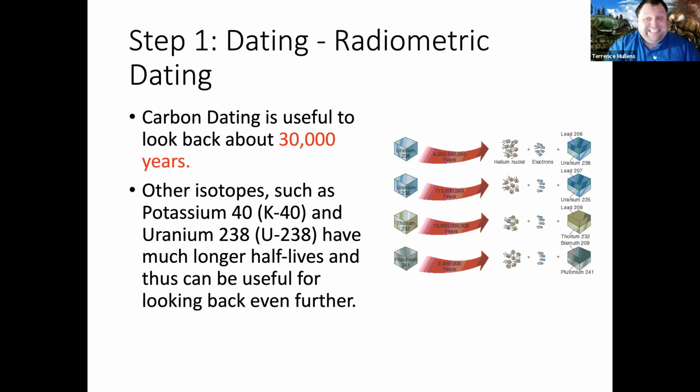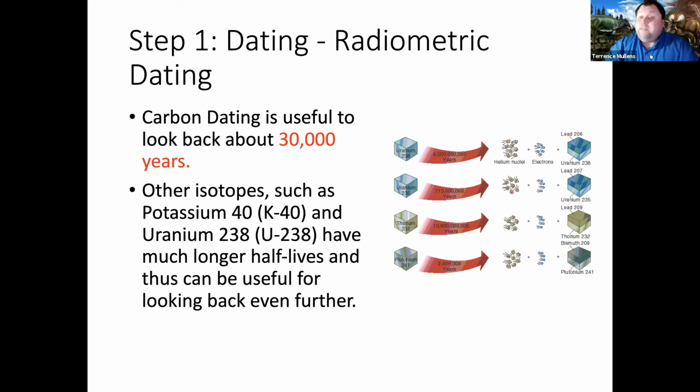Well, guess what? As I just said, Mother Nature loves to hook us up. So we have other types of isotopes that can help us look back even further, such as uranium-238, with a half-life of 4.5 billion years, which is essentially the lifetime of our Earth.